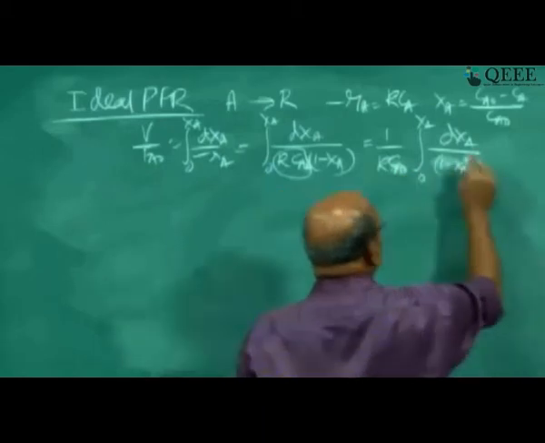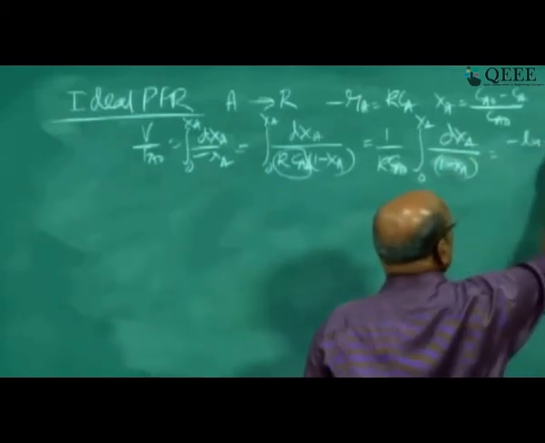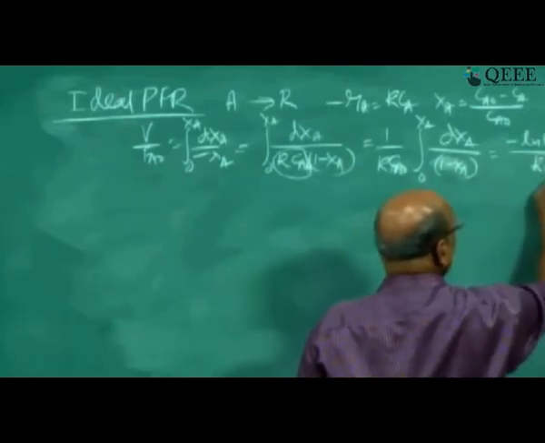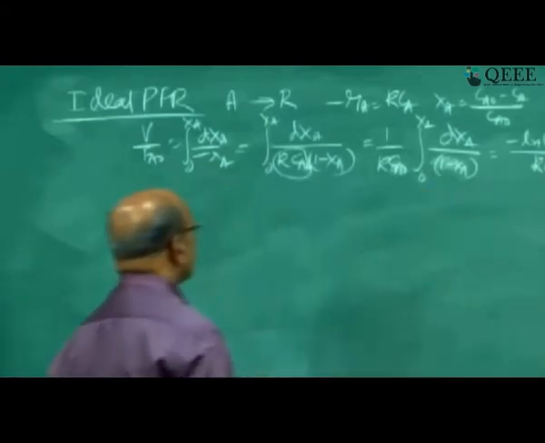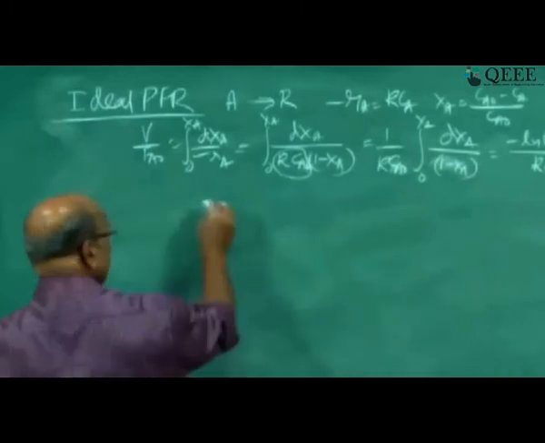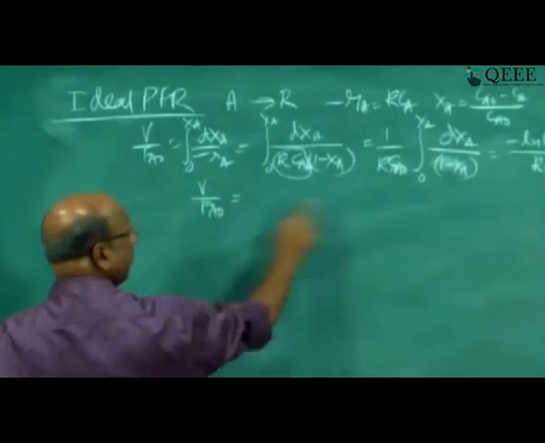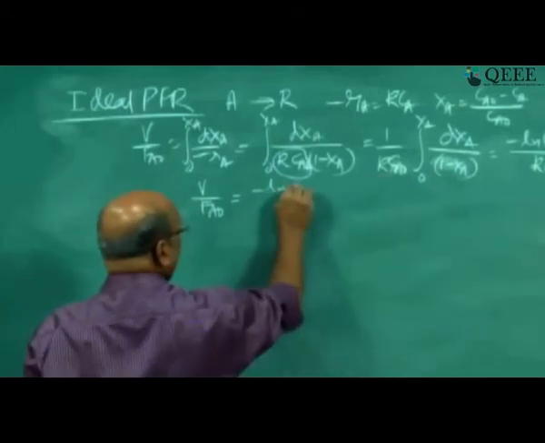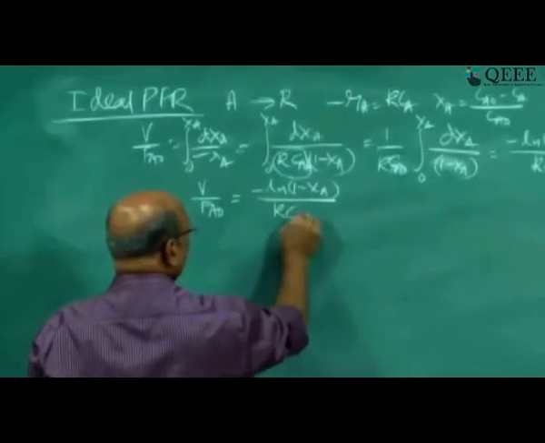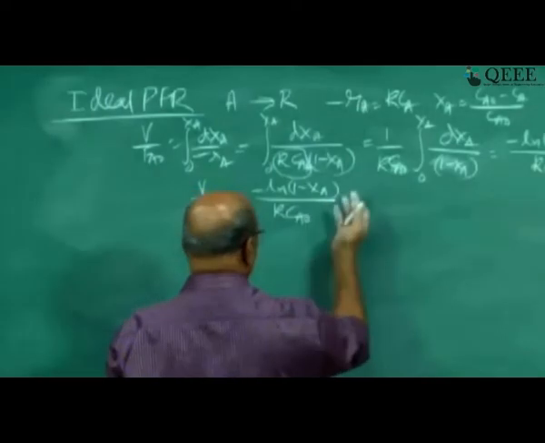So when I integrate this, what I get is minus ln 1 minus Xa divided by K into Ca naught. This is V by Fa naught. V by Fa naught equals minus ln 1 minus Xa by K Ca naught.